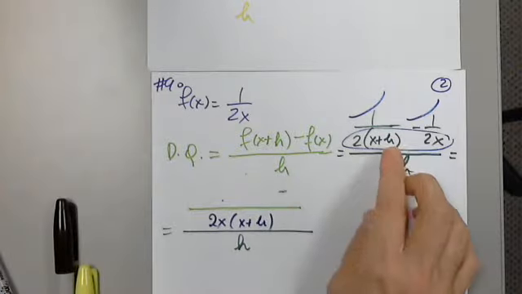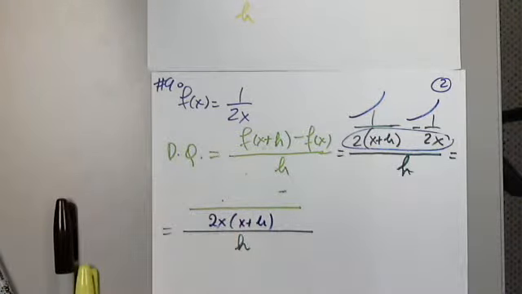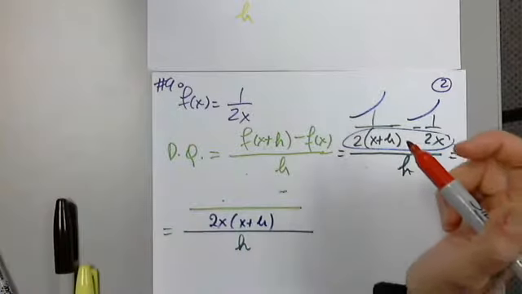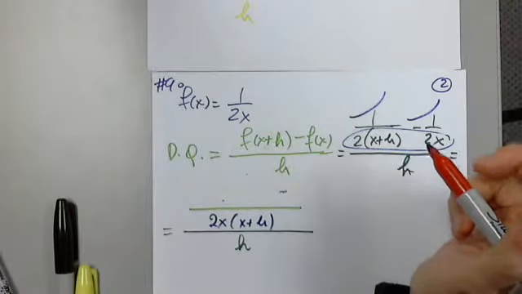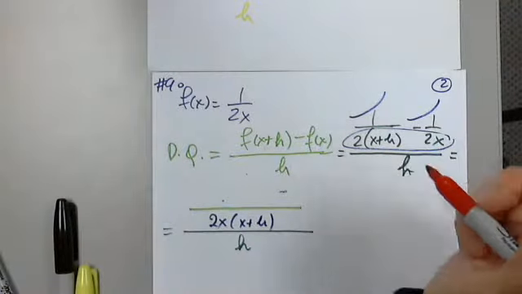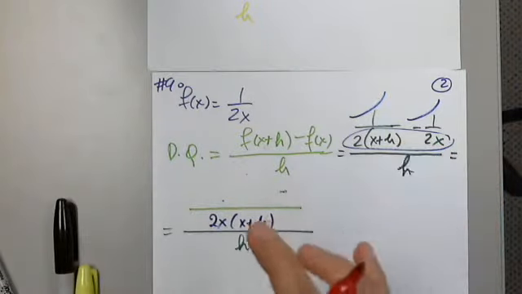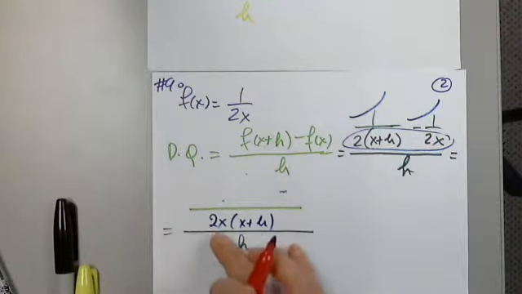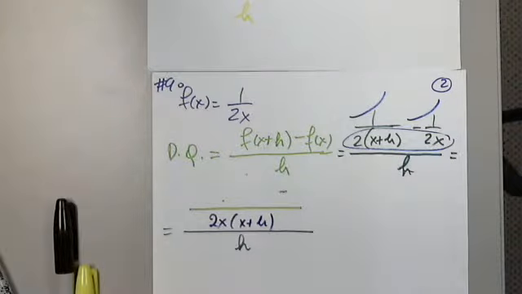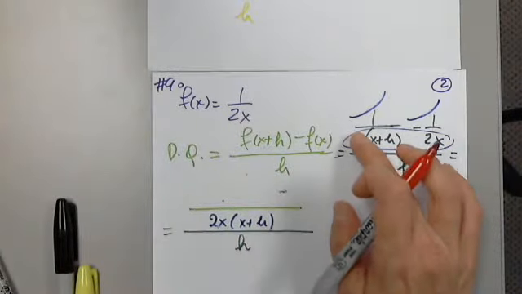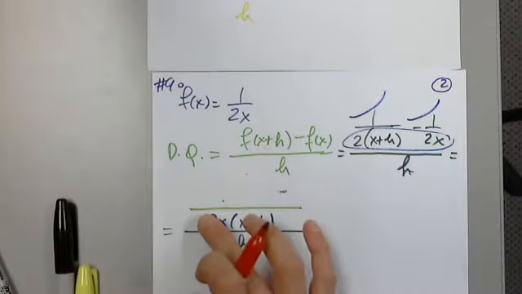So 2 times x plus h was multiplied by? We forgot what we did last week or 2 weeks ago. 2 times x plus h was multiplied by what to get 2x times x plus h? 1. It's like 1. So what is the extra factor that is not here, but it's here?